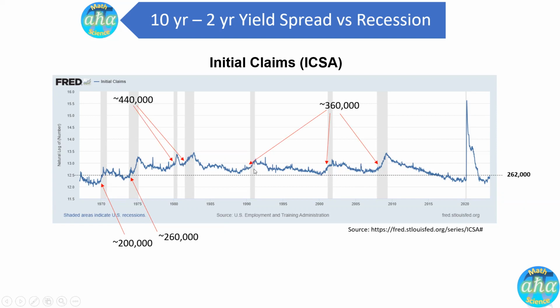It's a very small correction pullback actually. And these 3 recessions occurred at a very similar level of initial claims, which is around 360,000. So in other words, you could have a recession, but it doesn't necessarily mean that you have a bear market, because 1991 was not accompanied by a bear market.